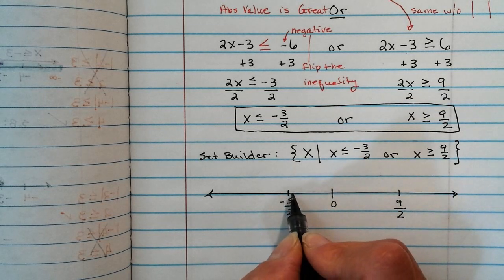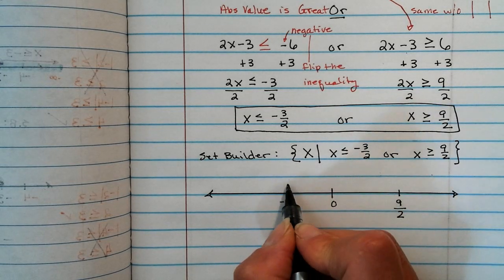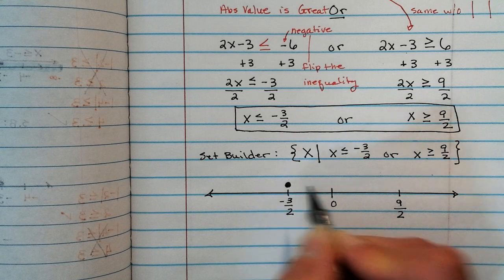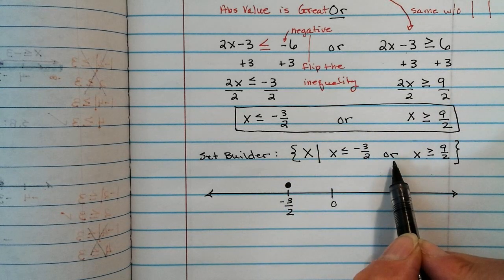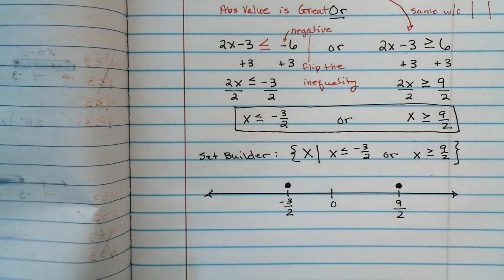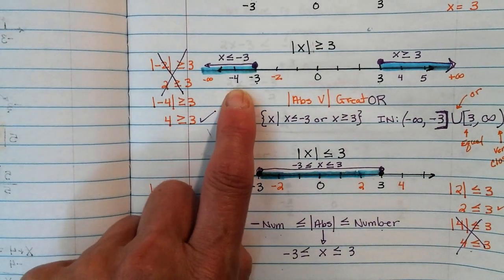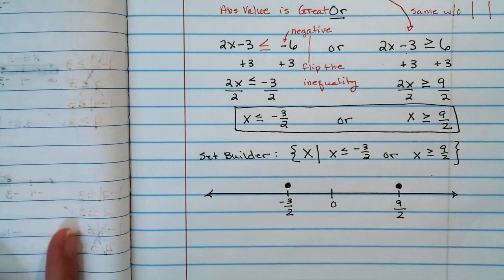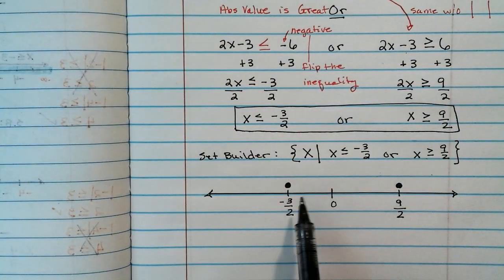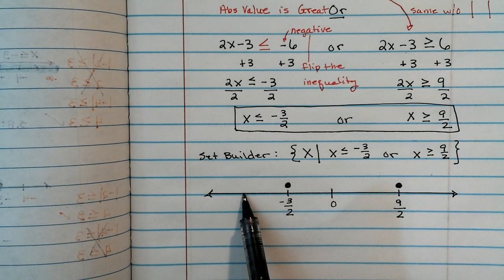Okay, so we have an equal sign here, which means I'm going to have a closed dot. Or, if we remember from the previous video, or typically means that they go away, but not always. We're going to test it. So let's find some number on this side.